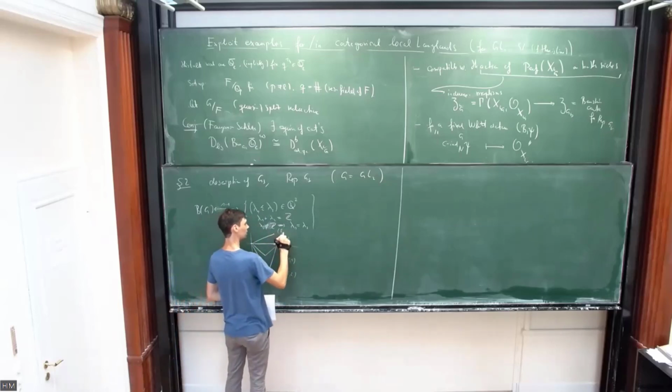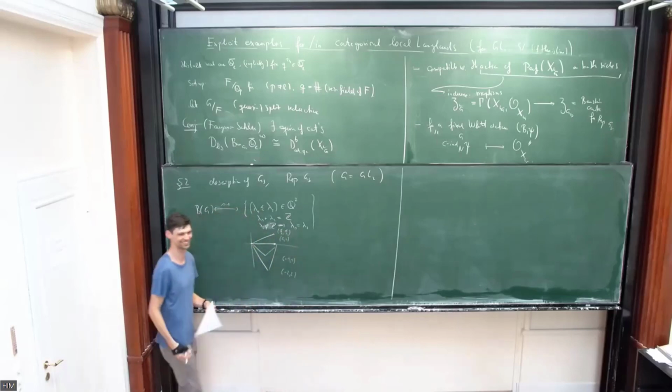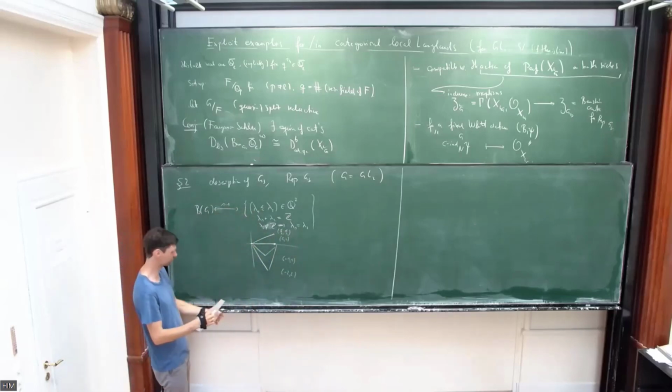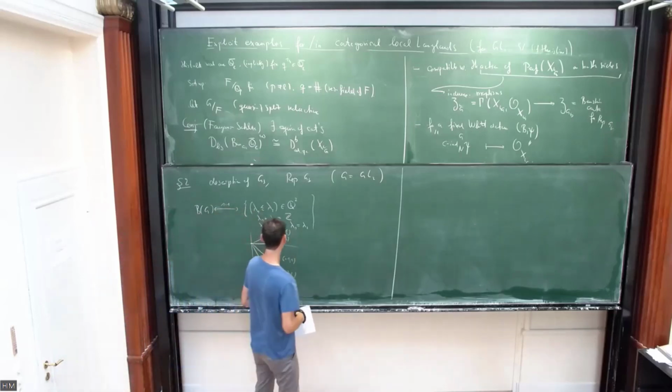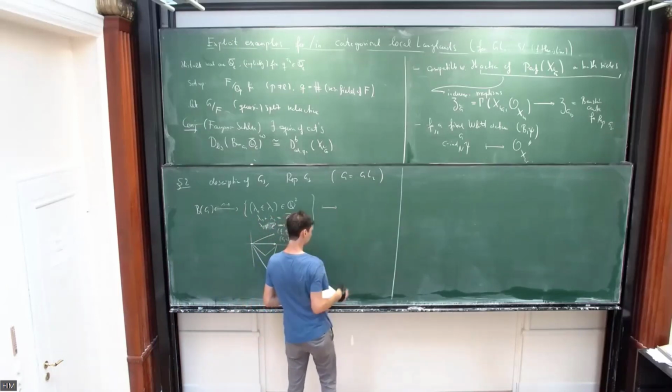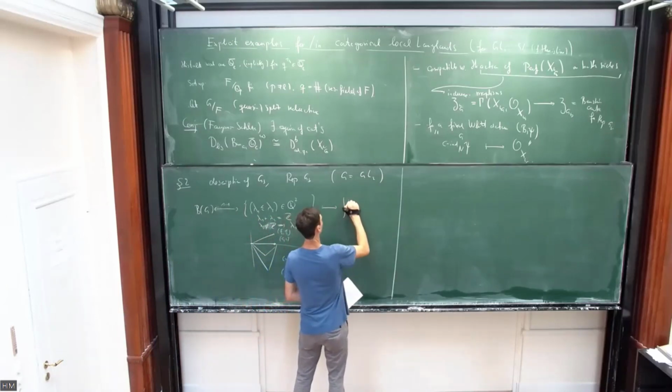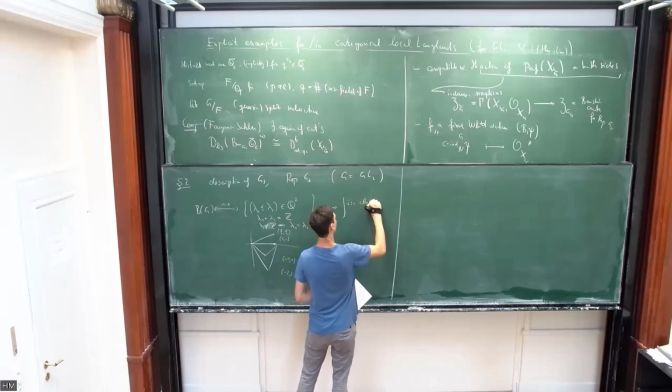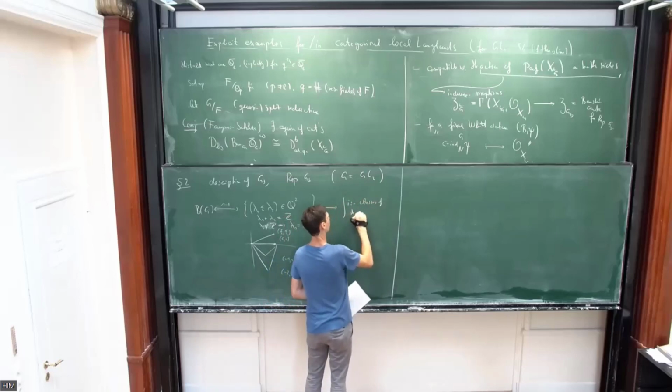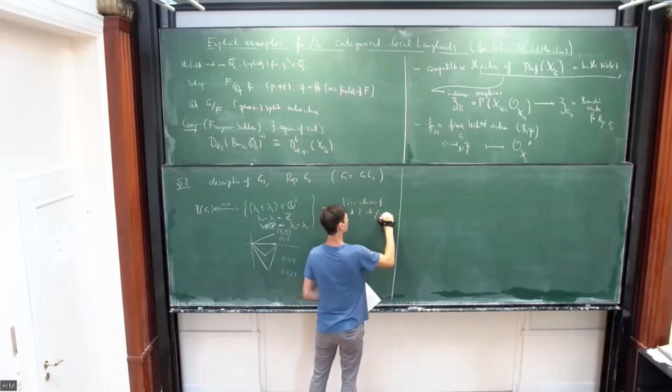Yeah, sorry. Okay, so these are the pictures that you usually see. And this is in bijection with isomorphism classes of rank 2 vector bundles over the Fargues-Fontaine curve.